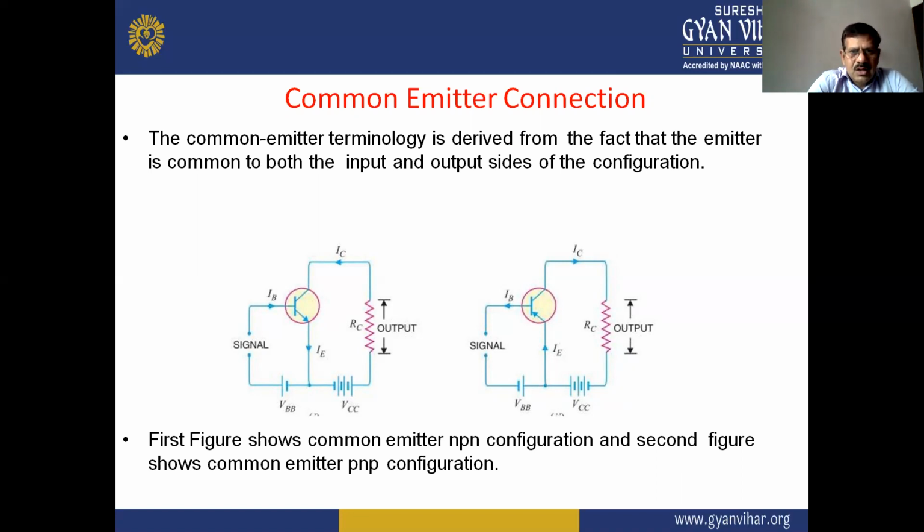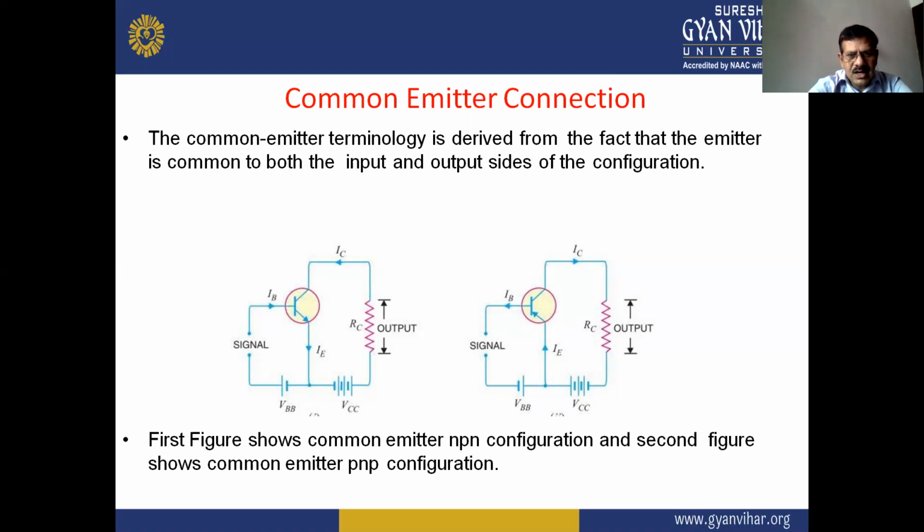In the first circuit diagram, there is the NPN type common emitter connection, and the second is the PNP type common emitter connection. In the first figure, the common emitter NPN configuration, and the second figure shows the common emitter PNP configuration.